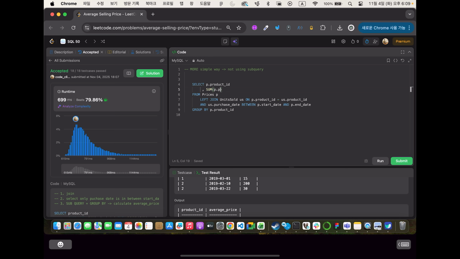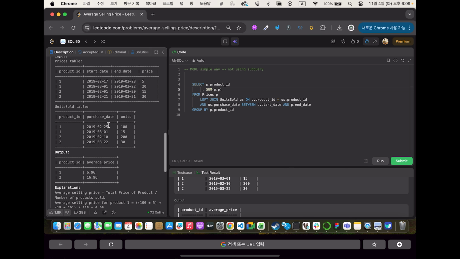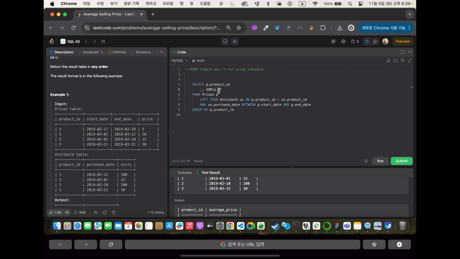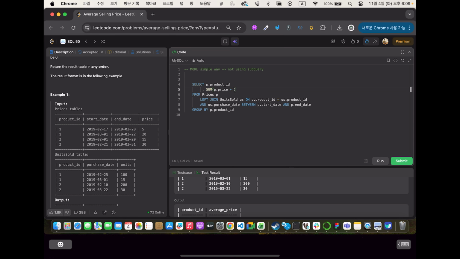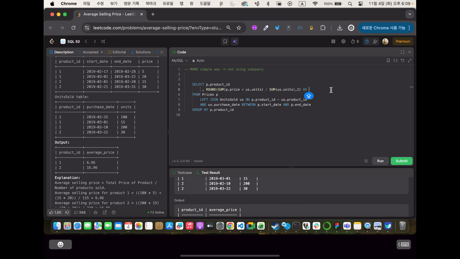P dot, what was it? P dot price multiplied by US dot units, and it will be divided by the sum of US dot units, and also it will be rounded to 2 decimal places like this, and we're gonna call it average price.